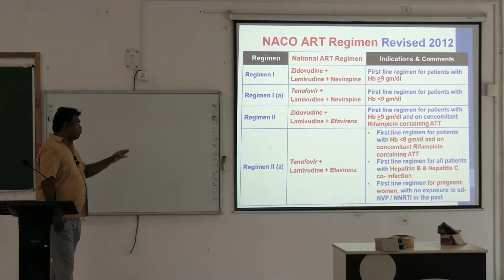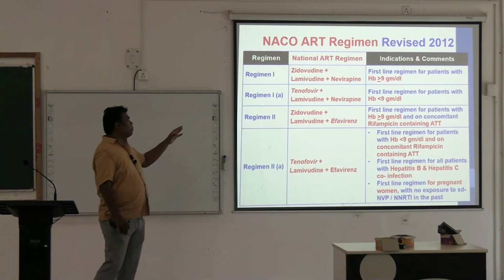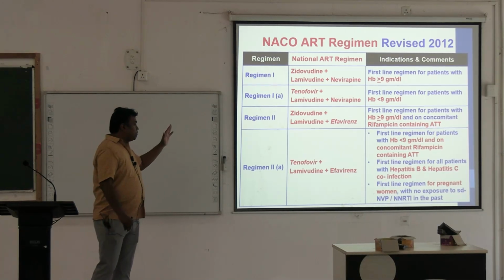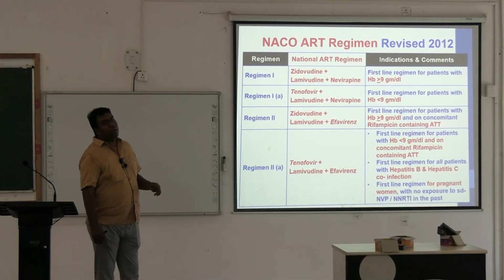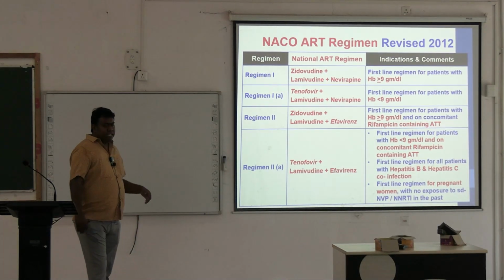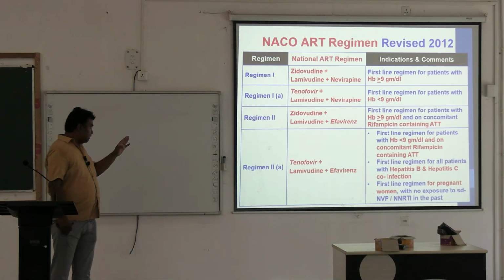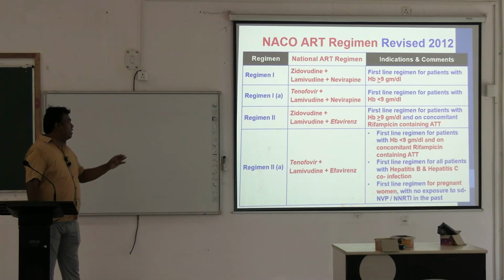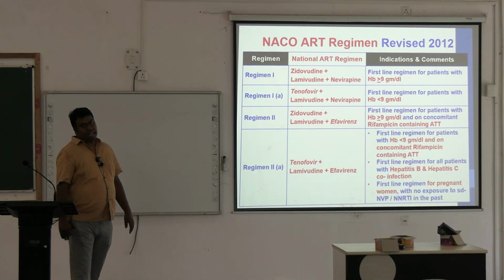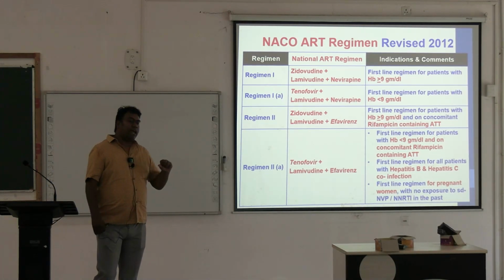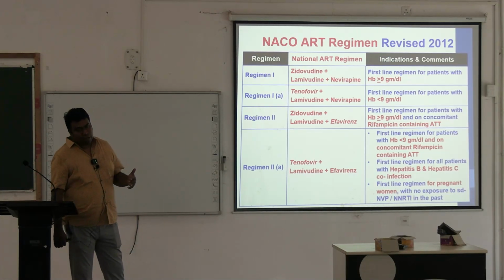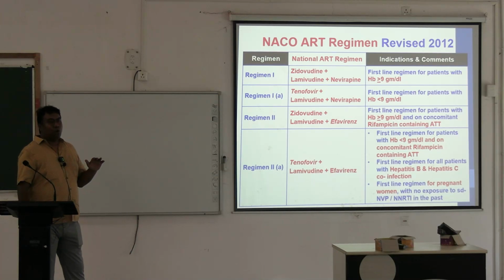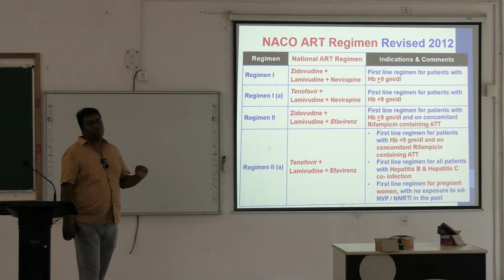Similarly, regimen 2 is zidovudine, lamivudine, efavirenz, given when the patient has ATD and is on rifampicin. Regimen 2A has tenofovir instead of zidovudine if hemoglobin is less than 9. That means as zidovudine causes bone marrow depression, we do not prefer zidovudine if hemoglobin is less than 9.